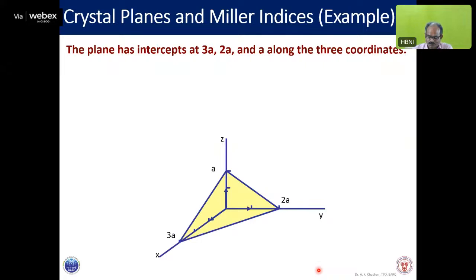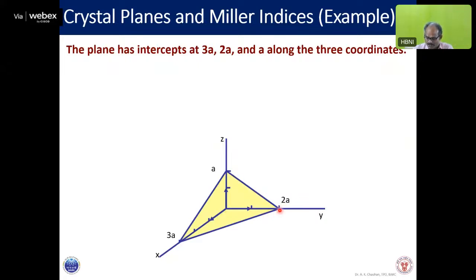So just to give you a feeling how it is. Suppose this is a plane, any arbitrary plane I have made. These are x, y, z, and the lattice parameter. Suppose it is a cubic structure, and the lattice parameter is a.